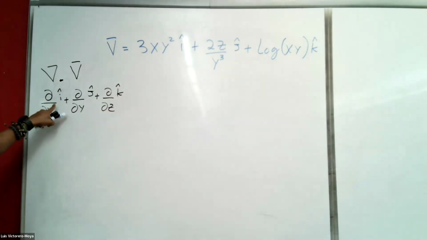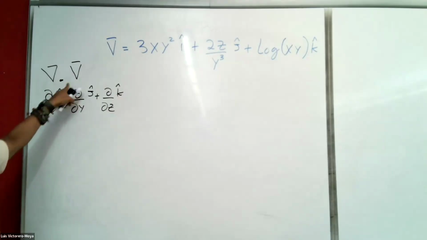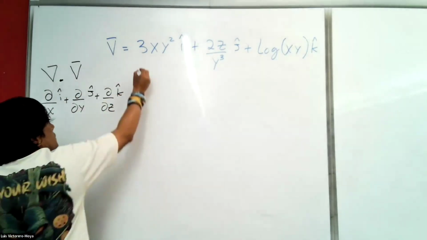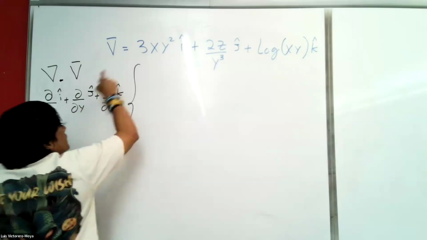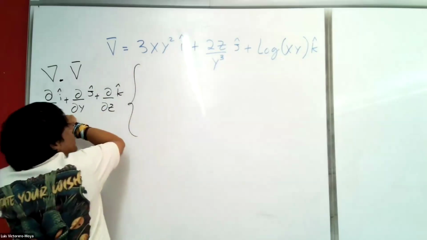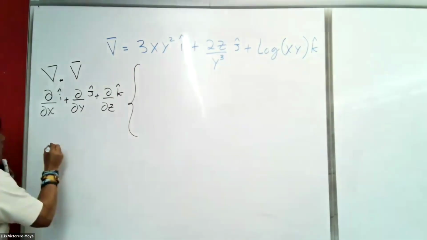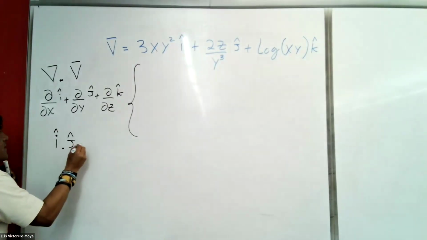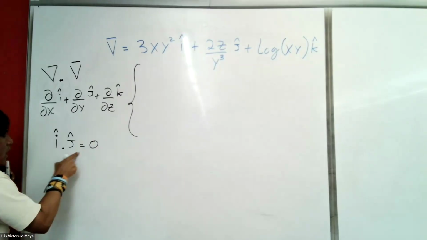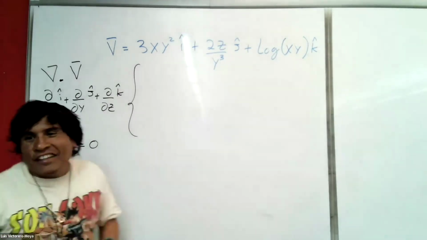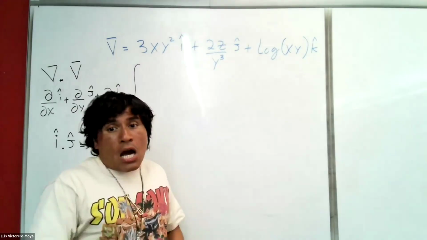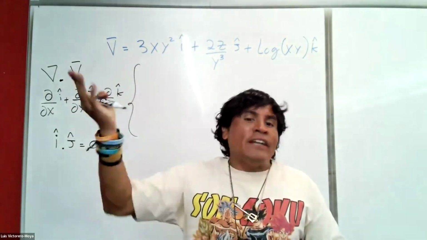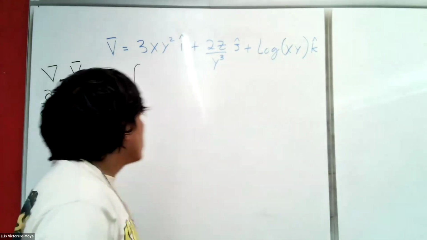So when you multiply, you're doing the i's with the i. So this will be this with just this. Because if I do i dot j, i dot j is 0. Why? Because the angle between these two is 90 degrees. And if you remember, the dot product has a cosine of 90, which is zero. Okay, that's one.